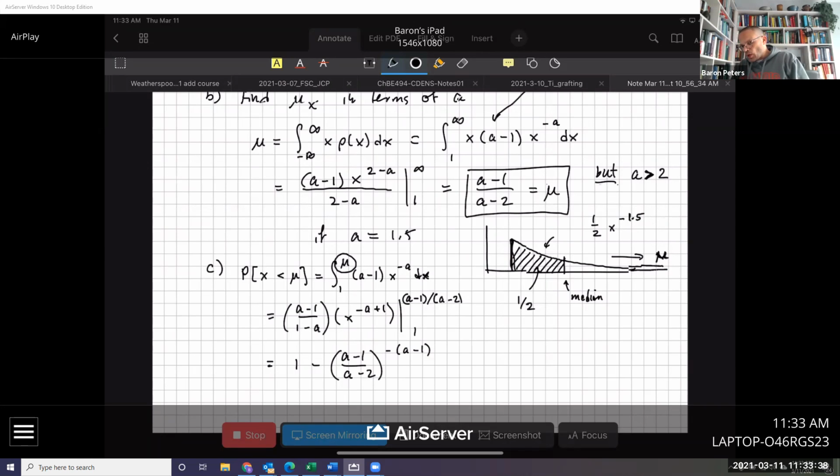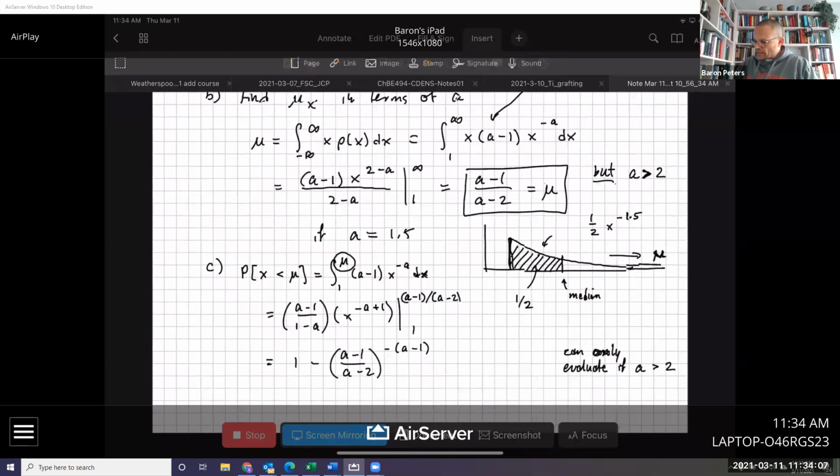If we have a smaller than 2, less than or equal to 2, we have a problem, right? So this is going to be a quantity that's going to diverge in those cases. So we can only evaluate if a is greater than 2, because otherwise our mean doesn't exist.